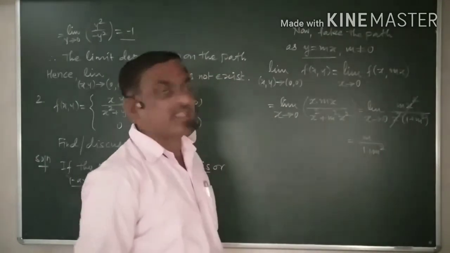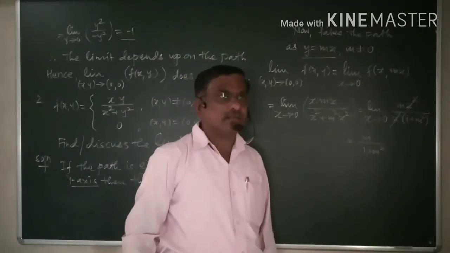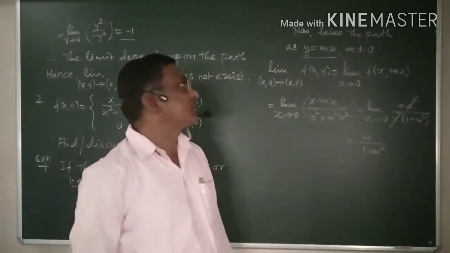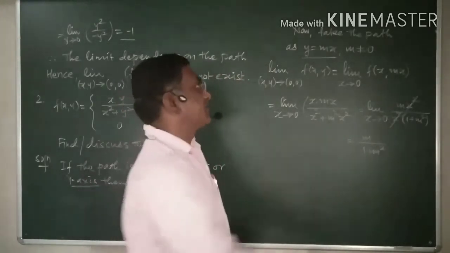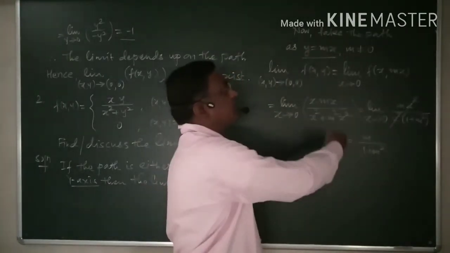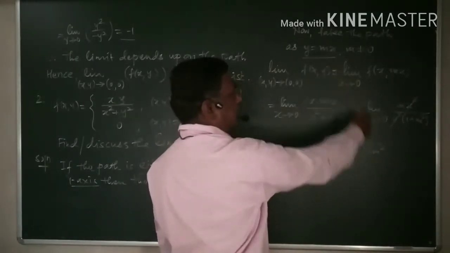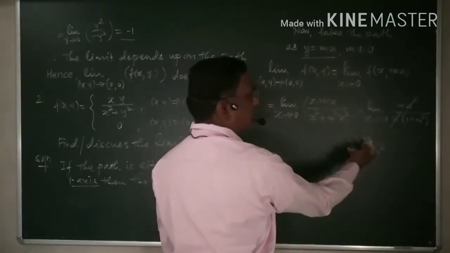Okay, y is equal to mx is the equation of what? A straight line, where m is nothing but the slope of that line. As m is different, you will get different lines. I mean that here this limit will depend on m.